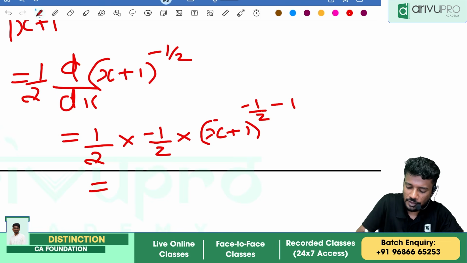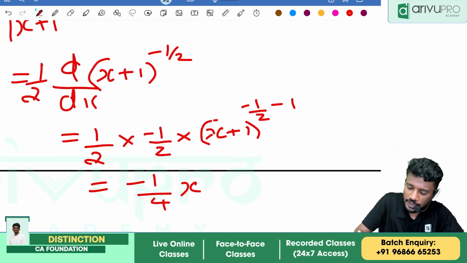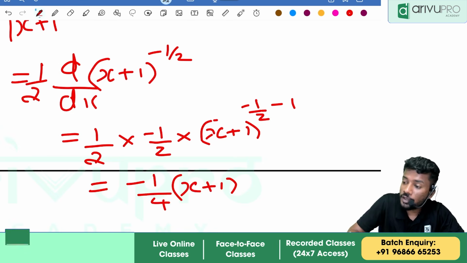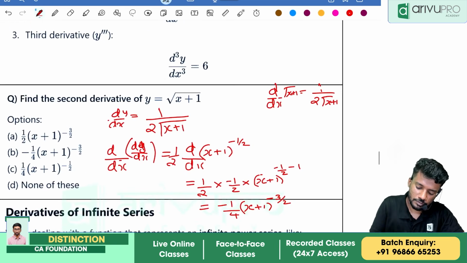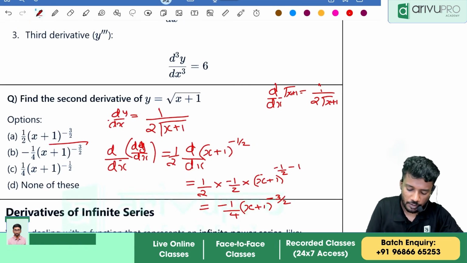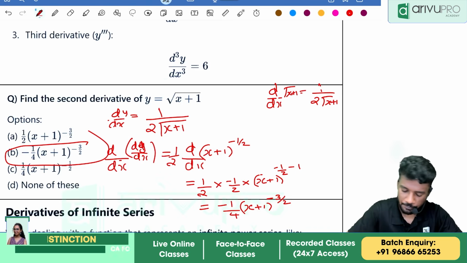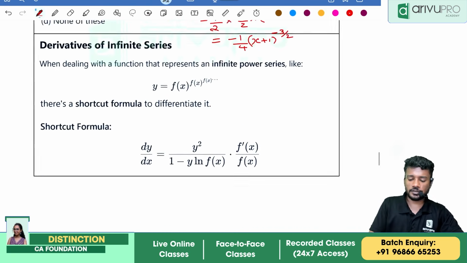What is the answer? Minus 1 by 4 into x plus 1 raised to minus 3 by 2. Which option? B. Option B. Yes. Fine. Now the last one.